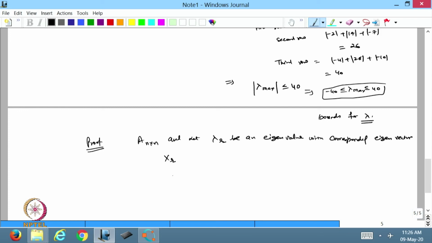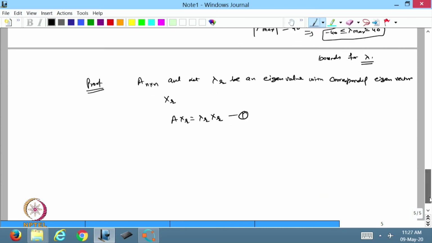So, we can write A x r is equal to lambda r x r. That is the definition of the eigenvalue. Now, this x r is a column vector with components x 1 r, x 2 r, up to x l r, up to x n r.